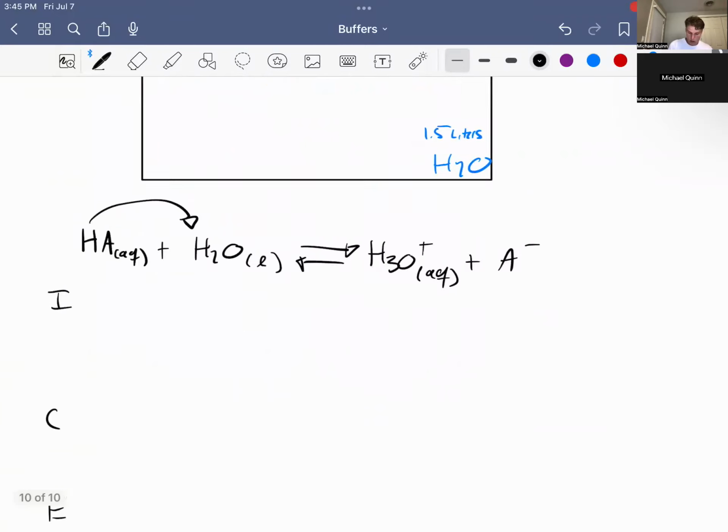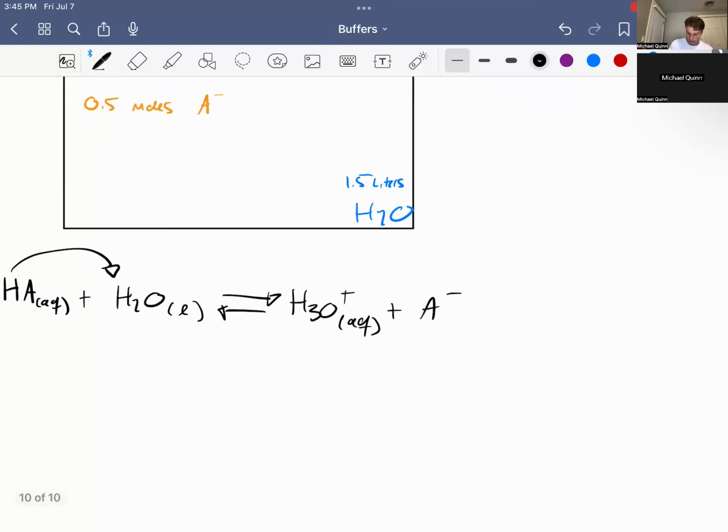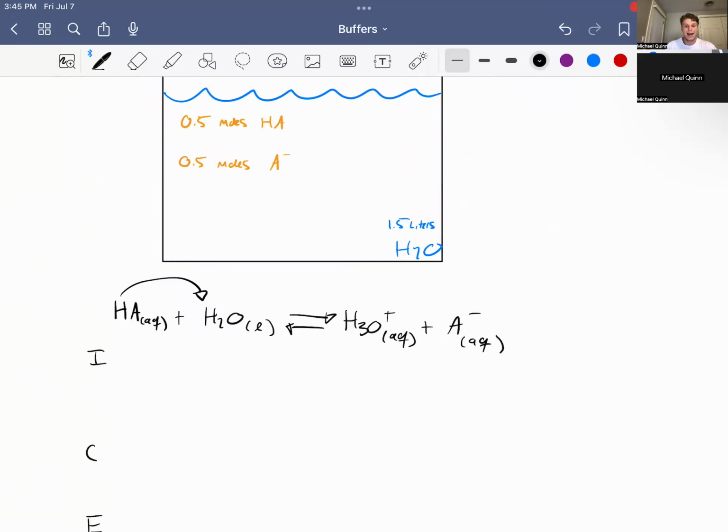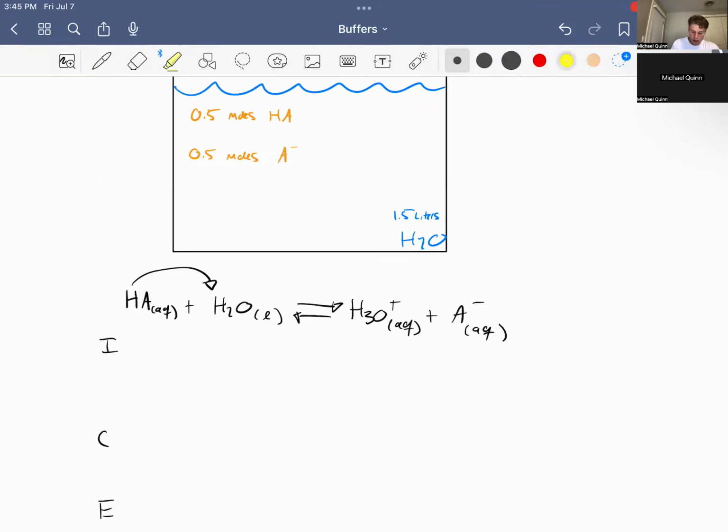So what we need to remember here, there is nothing strong in this ice table. HA is still a weak acid, and we have nothing left of our strong base in the beaker to react with it. So we need to remember that we cannot use moles anymore. So we have to convert these mole values back to concentration if we are going to fill in this ice table.